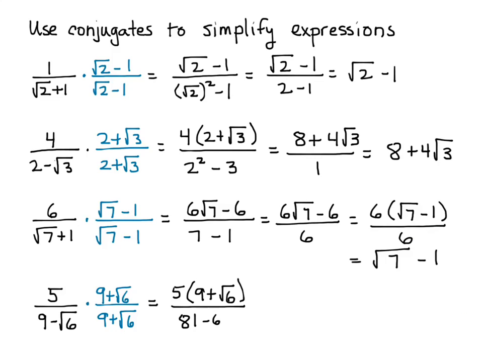A good strategy with this numerator is to just leave it pending. Because if you're lucky enough to get something in the denominator that will factor out and cancel, then you don't have to do it both ways. So this thing will be 5 over 75, and of course 75 divided by 5 is 15, so that reduces to 9 plus the square root of 6 over 15.